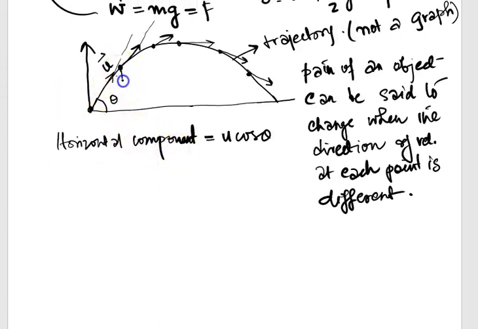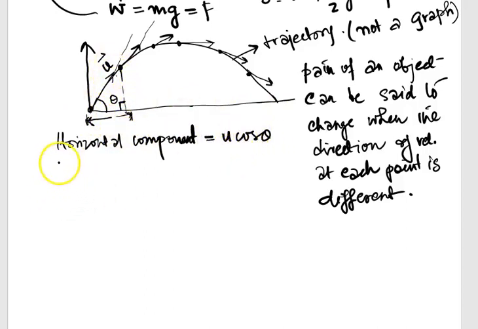So we drop a dotted line. So this bit is the base of the triangle. This is a right angle triangle, or the adjacent. This is the opposite. So adjacent by hypotenuse gives me cos. So adjacent is equal to hypotenuse times cos theta.